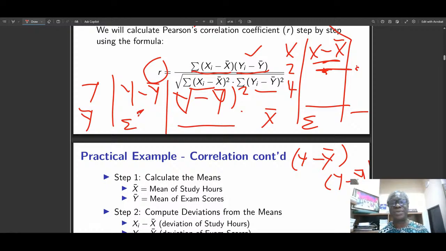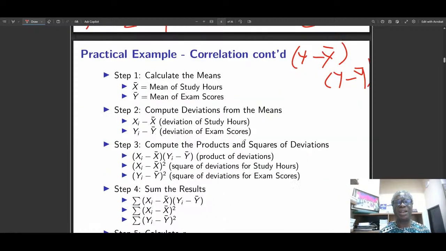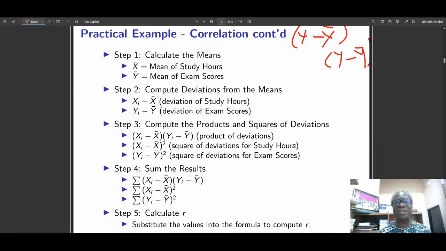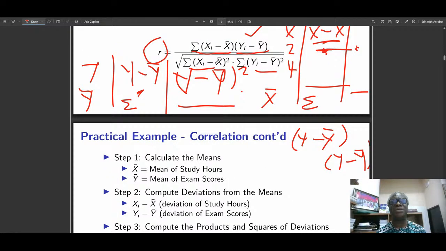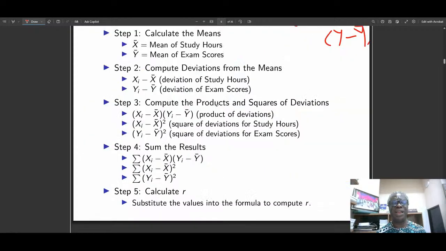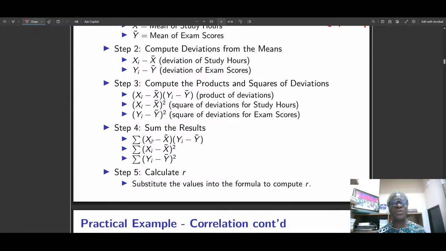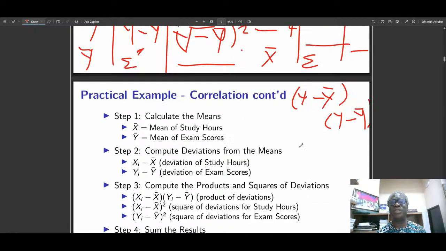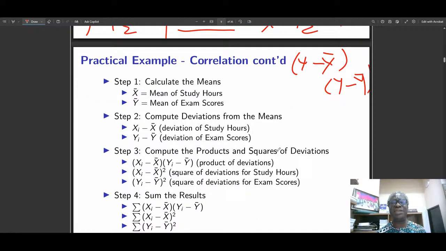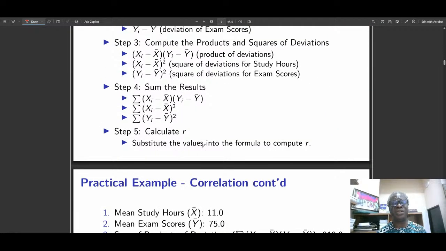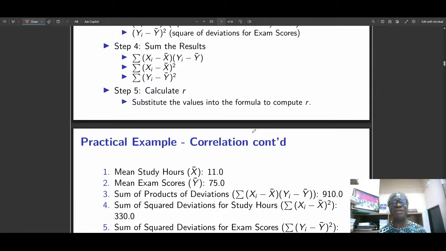So you get that, and you get the squares of the deviations. That's the value here. And then the final thing is to sum. The summation will come at the end of the table, and then you substitute and you get the values.